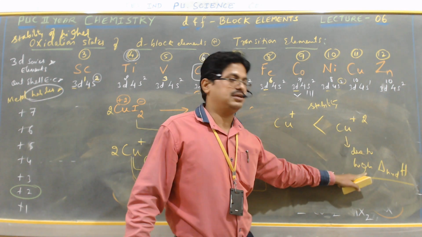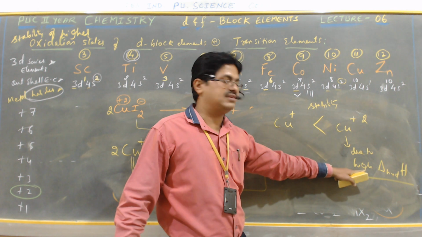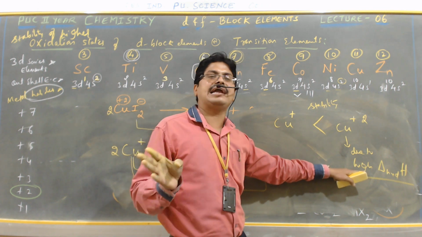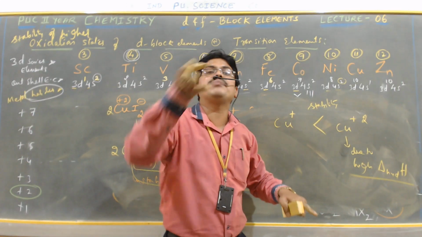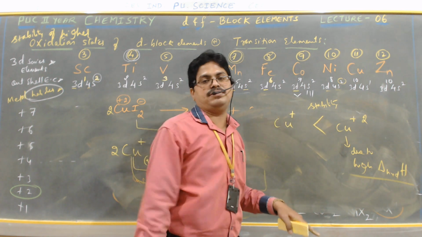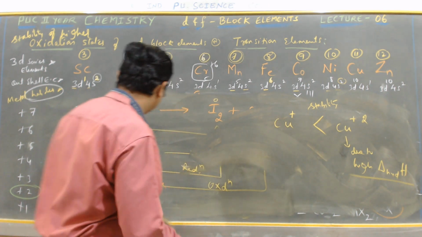What is hydration enthalpy? The amount of energy liberated to convert a gaseous cation into an aqueous cation. That energy liberated compensates the second ionization enthalpy, so Cu2+ is more stable than Cu+.